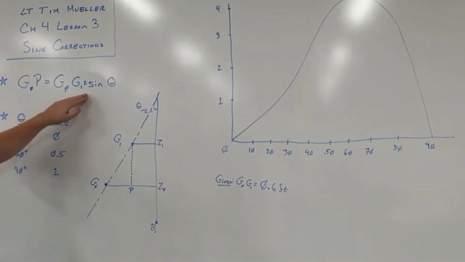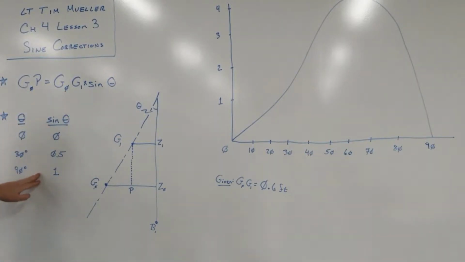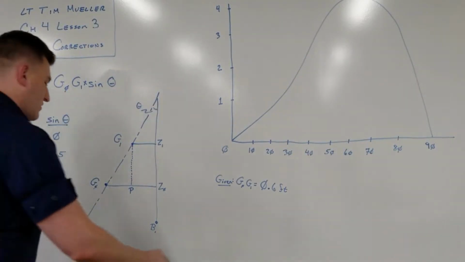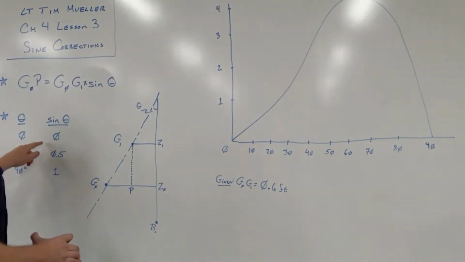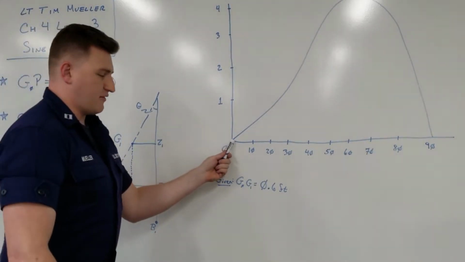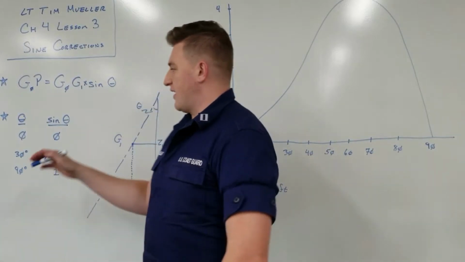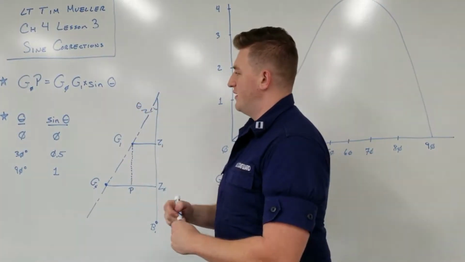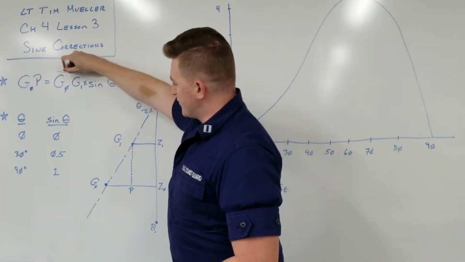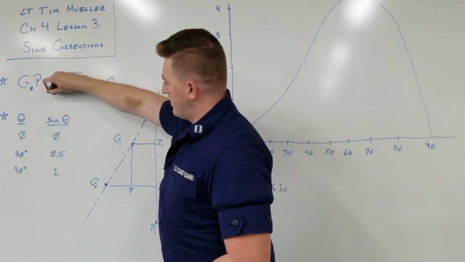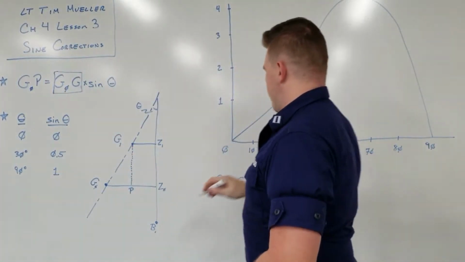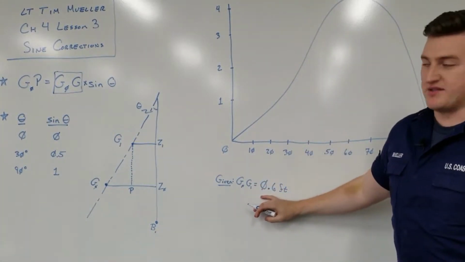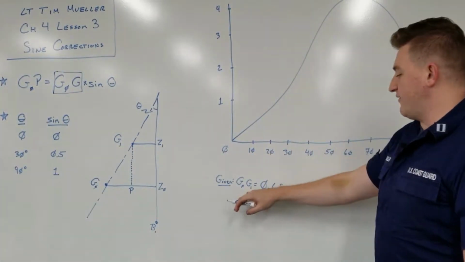Now, we just apply this equation and this table to this. So, let's start off at 0 degrees. We know that at 0 degrees, we will have a righting arm that's reduced by 0 because we have essentially two terms here. We have this term, which is always just going to be 0.6 because that's what we were given.